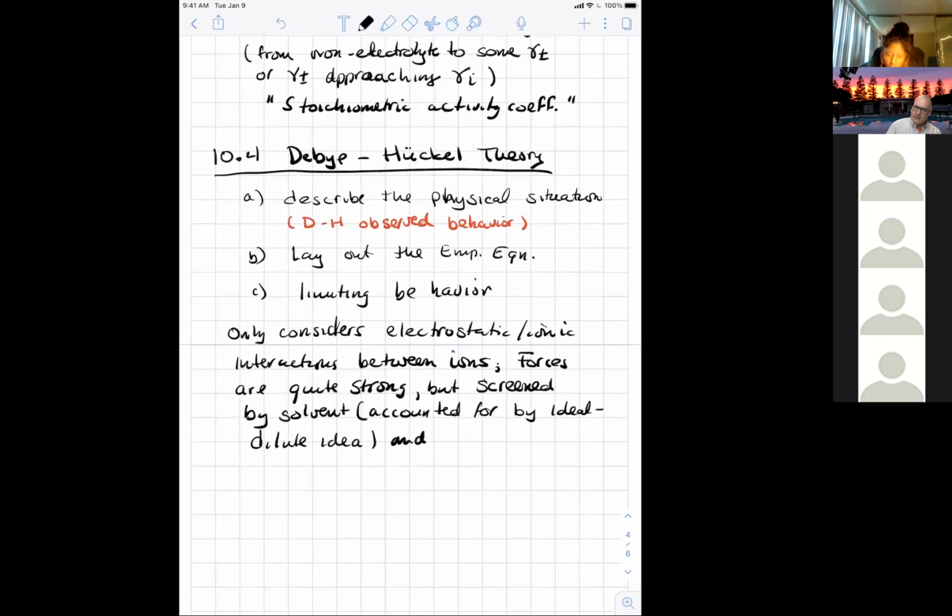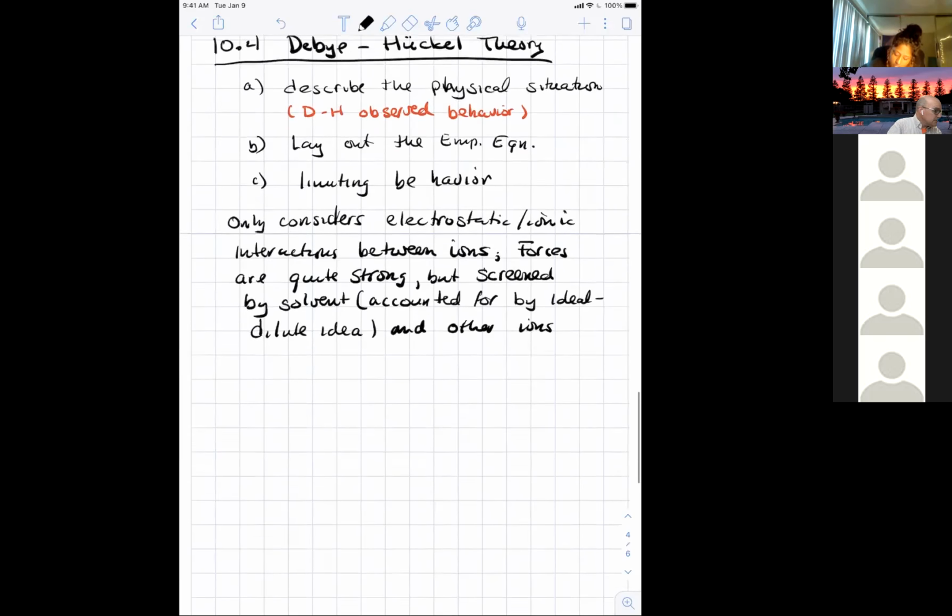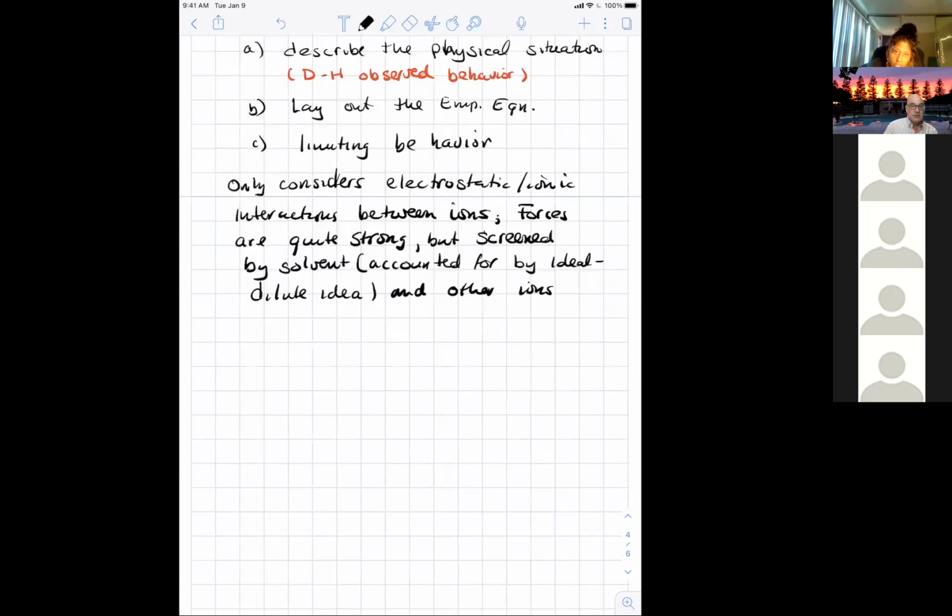But what maybe you don't think about is they're also screened by the other ions. All right, so let me give you two situations, right? Two possible schemes in solution. What if the ions in solution were randomly distributed, right?